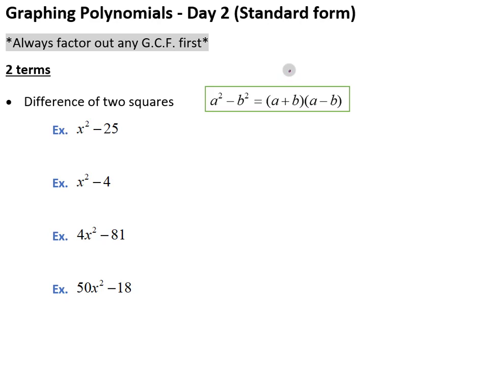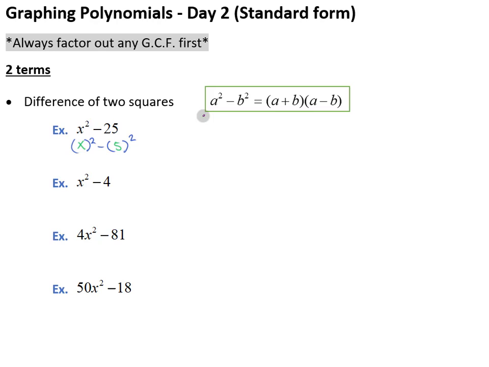So this pattern always factors as a plus b times a minus b. To figure out what our a value is, to follow our pattern here, we just need to figure out what times itself twice would make x squared, and what times itself twice would make 25. Essentially, it's like taking the square root of those. So this would be x, and this would be 5.